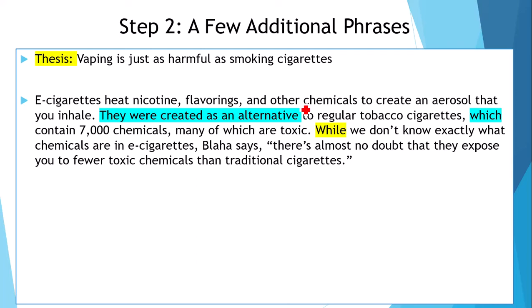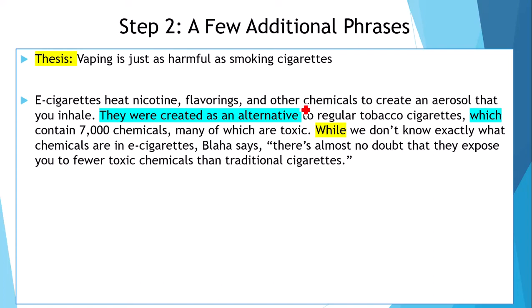So I would expect, if this is the first paragraph of an essay, that you would possibly see later on in the essay a paragraph a little bit more about this background. How else are they different from regular tobacco cigarettes, or how did people think they were going to be different? And then how else are they creating problems, right?